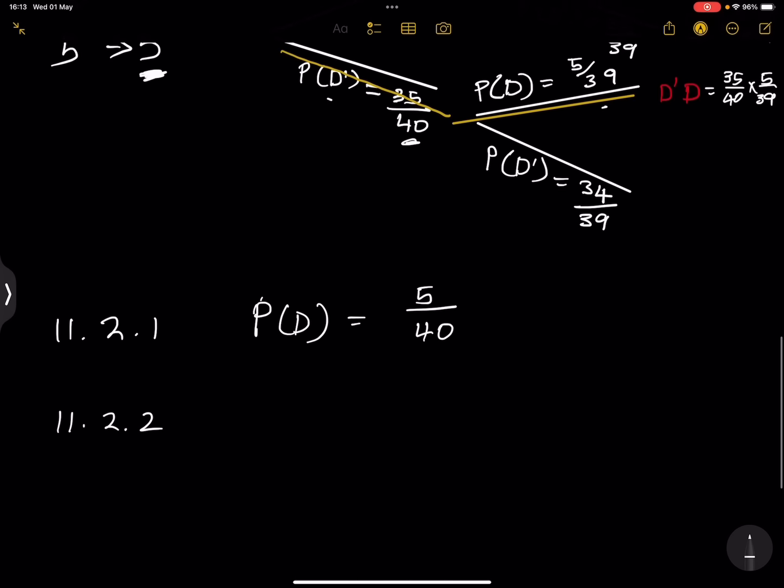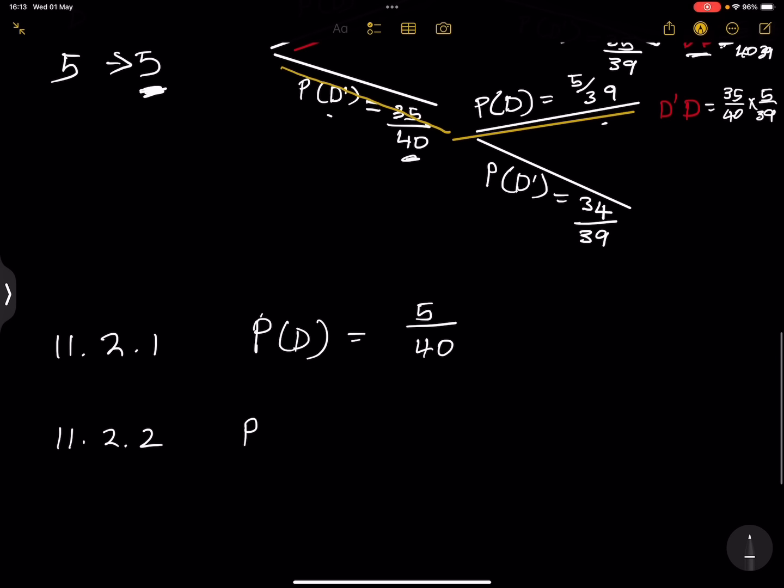So I'm going to say, well, firstly, it's going to be the probability of defective and not defective plus the probability of not defective and defective.